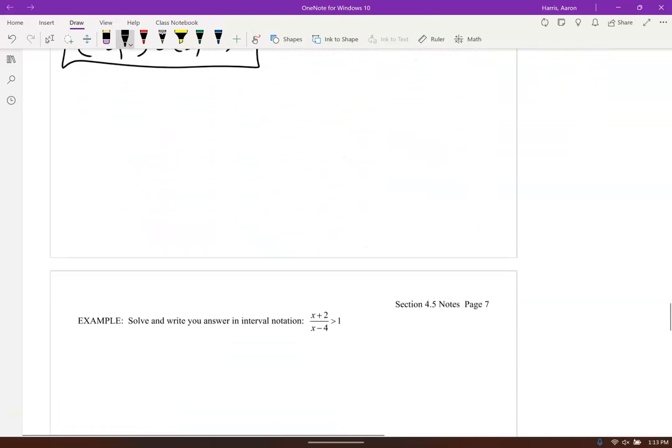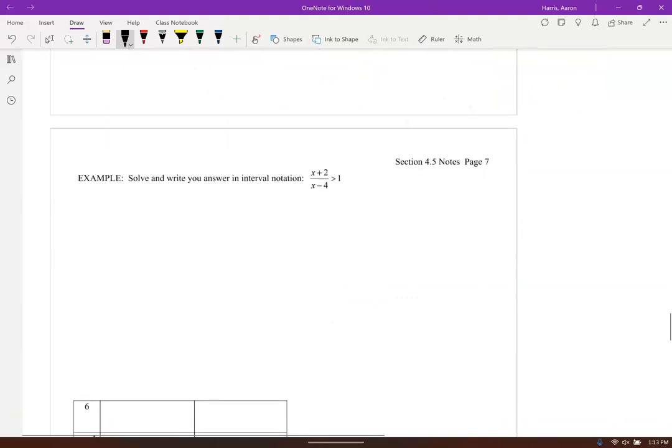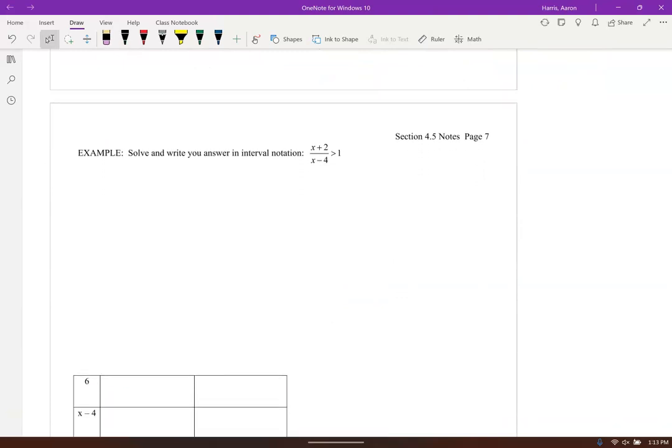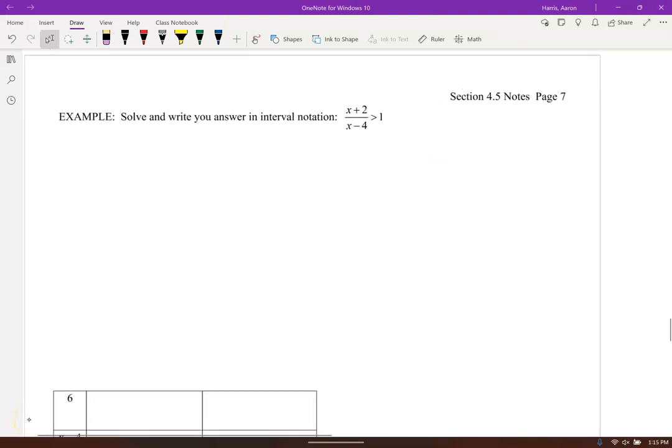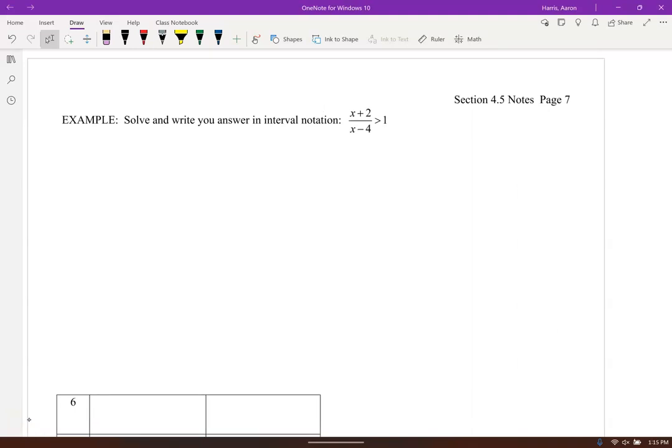Couple more here. So now if I'm looking at this one, the problem with this is I don't have one side equal to 0, right? So the first thing I got to do is take that 1 over. So I get x plus 2 over x minus 4 minus 1 greater than 0.